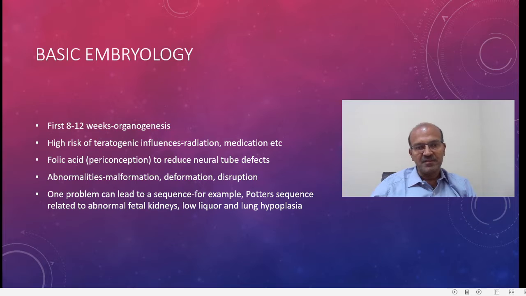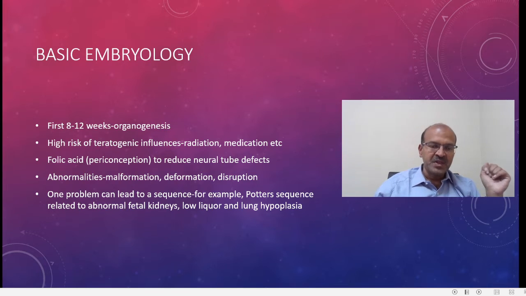Teratogens have to be identified, and there should be a warning clearly mentioned that anyone planning a pregnancy should not take them. So it's a planning stage, because you may not even realize you're pregnant in the early stages, because organogenesis takes place in the very early stages of pregnancy. So as soon as you start planning conception, take folic acid and avoid exposure to any medication that could be teratogenic.